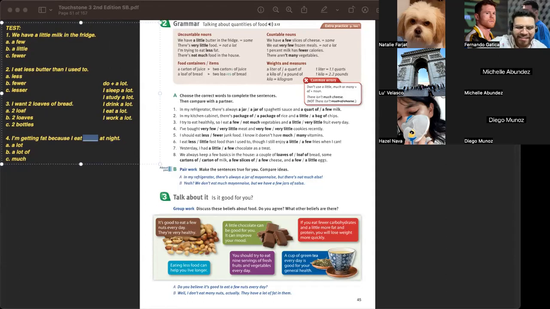Yes, Lou. Why a lot of? I thought that since the word night follows, it was a lot of. Okay, good point. You only use a lot of if what comes after is a person or a thing, or people or things. A lot of drinks, a lot of people, a lot of doctors, a lot of students, a lot of dogs. But at night, it's not a person or a thing. It's a time expression.